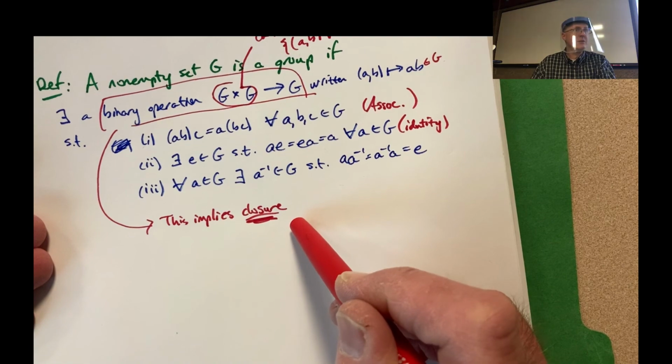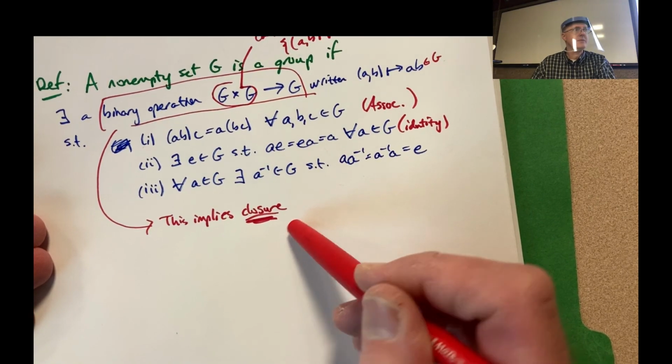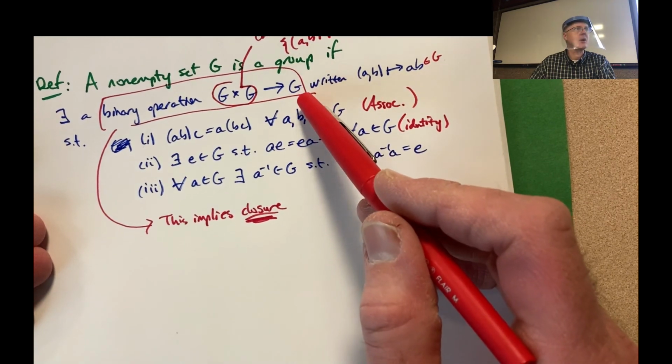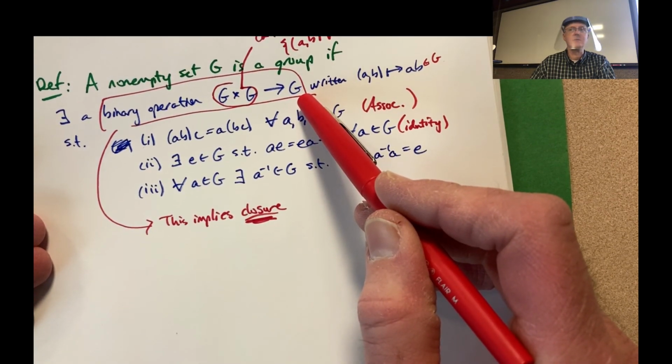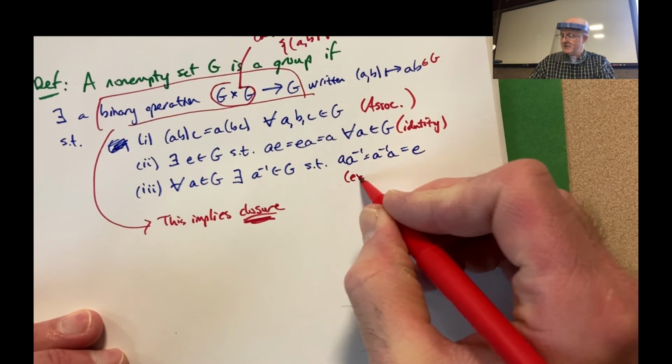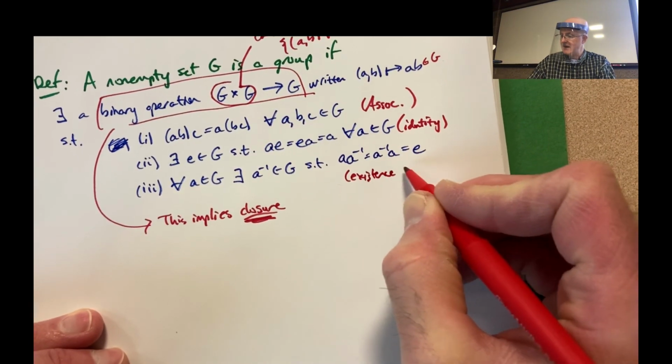And in particular, you do have to check closure. You do have to check that this operation, however you're defining it, is truly a binary operation in this sense, that the codomain is G itself as well. That has to be checked. So yeah, existence of inverses. And yes, what are those basic consequences?